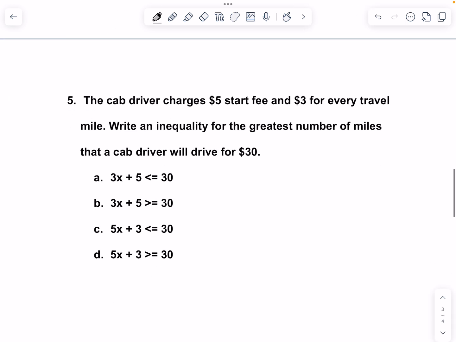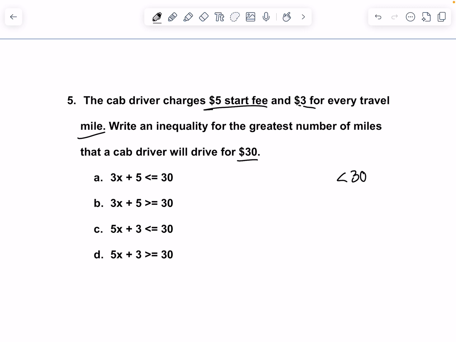Number 5 says that the cab driver charges a $5 start fee and $3 for every travel mile. Write an inequality for the greatest number of miles that the cab driver will drive for $30. So this means that the cap is at $30. The cab driver won't spend any more than $30. So this means that it would be less than 30.